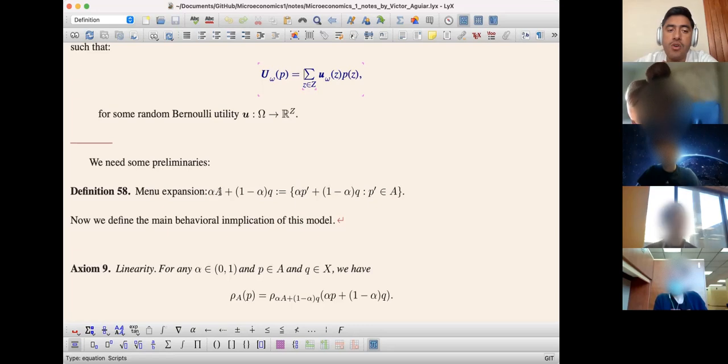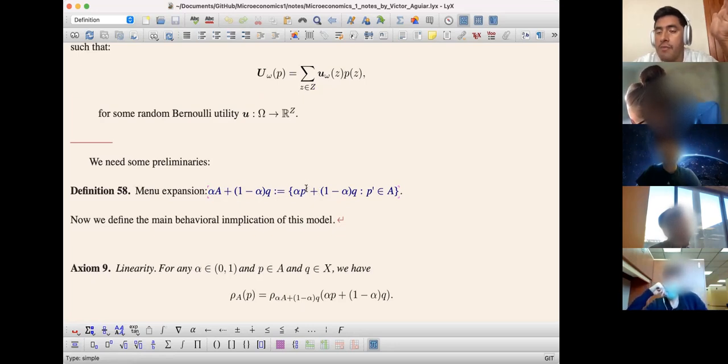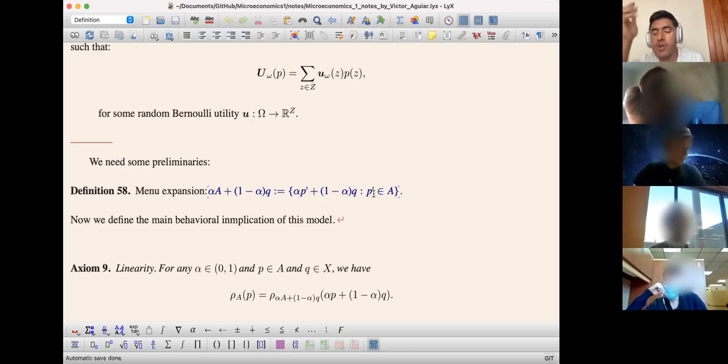Essentially, you take a menu of alternatives, which here are lotteries, and this is menu capital A. Then when I say I expand it by mixing it with lottery Q, by a parameter alpha, it essentially means that I'm going to create a new menu that is going to contain all mixed lotteries of the form alpha times P prime plus 1 minus alpha times Q, where P prime belongs to A. So essentially, I created a choice set that is the result of taking lotteries in the original menu and then mixing them with parameter alpha with a third lottery Q. Do you understand the operation?